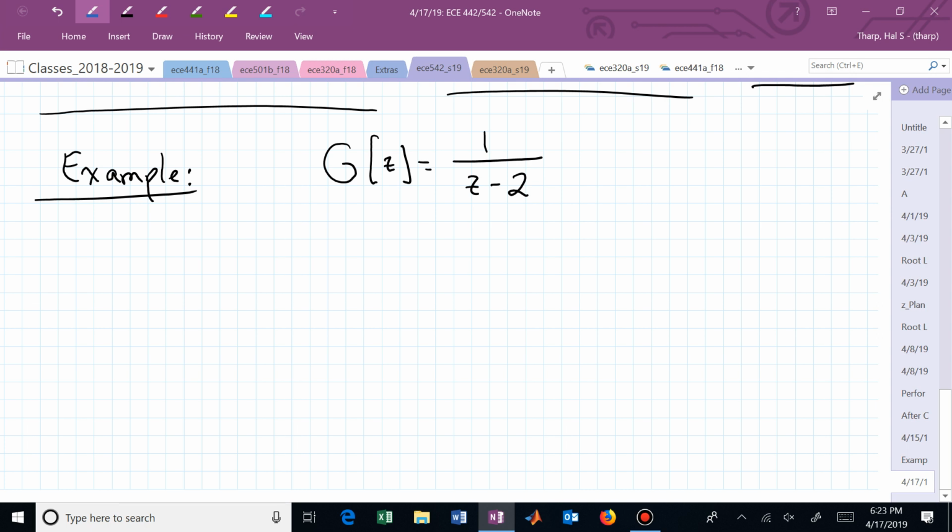Oh, and by the way, I want 0 error to a constant input.